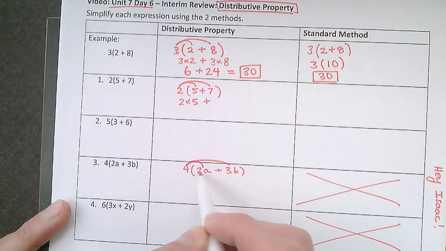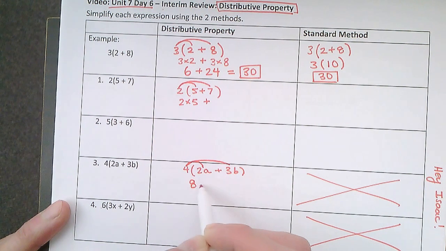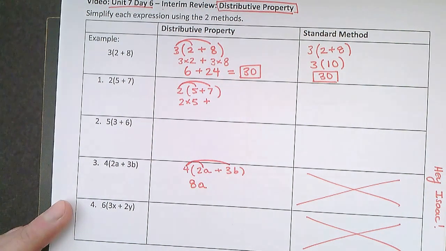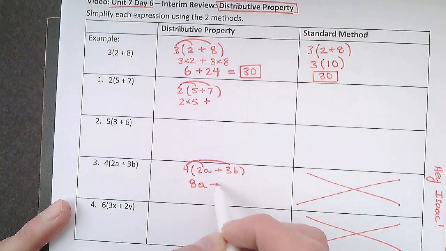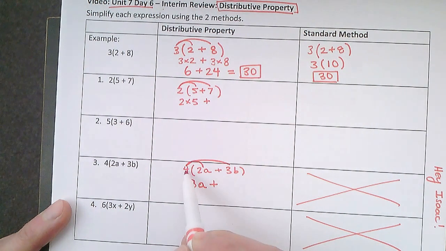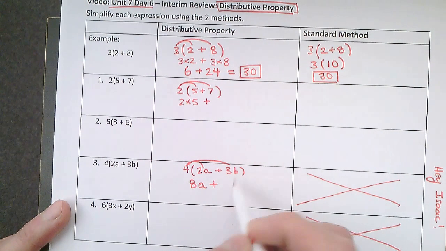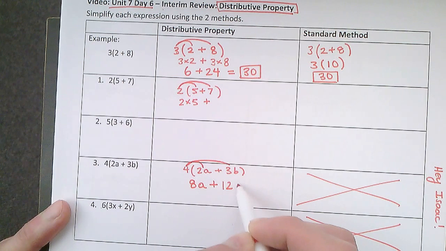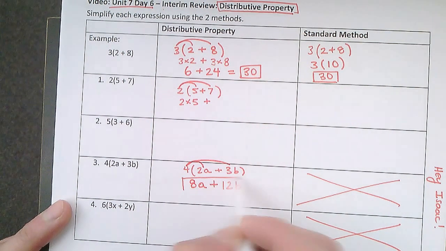So 4 times 2a, I just do 4 times 2, which is 8, and then I still have the a, so it's 8a plus 4 times 3b, so 4 times 3 is 12, and I have 12b. There's my answer right there.